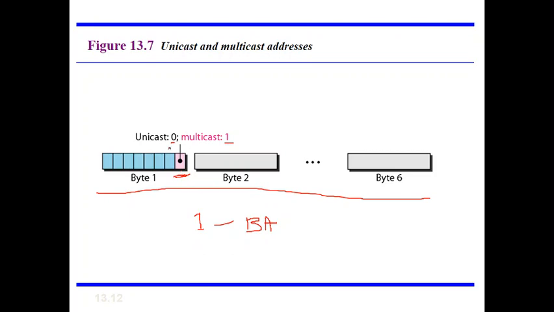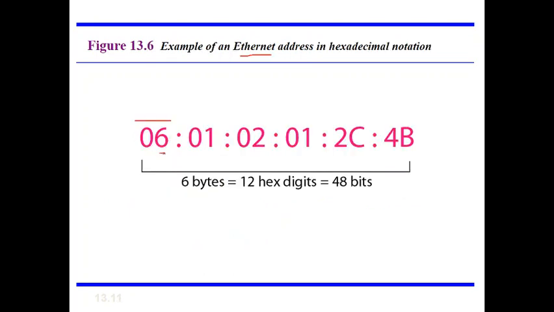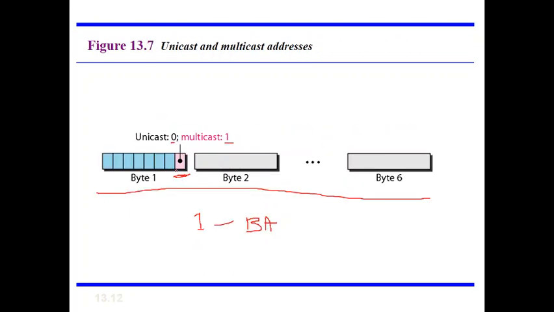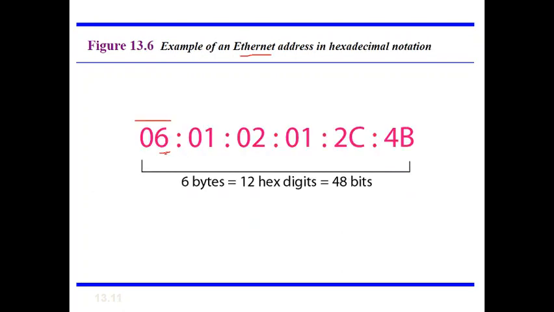I'll say once again, if my least significant bit of the first byte is 0, then the number is even, and whenever it is 1, then it is an odd number. So if this number is odd, then it is multicast, and whenever this number is even, then it is unicast. Like this also we can identify it.